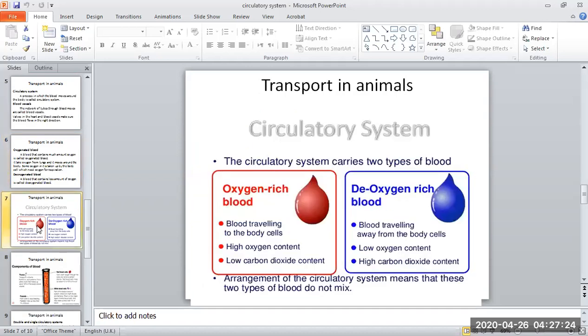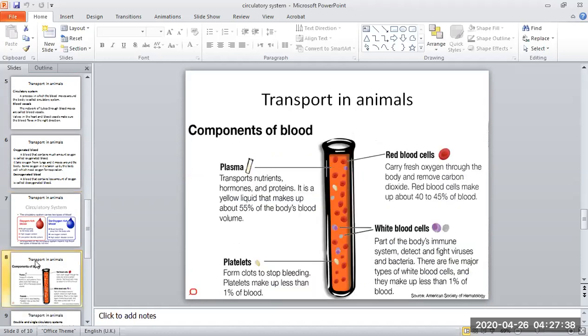And here are some characteristics of blood rich in oxygen and rich in carbon dioxide. And here are some kinds of cells in our blood. Number one is plasma, then platelets, then red blood cells and white blood cells.